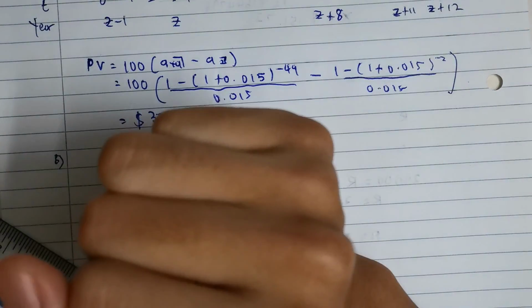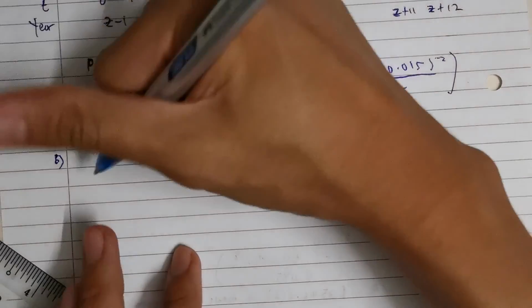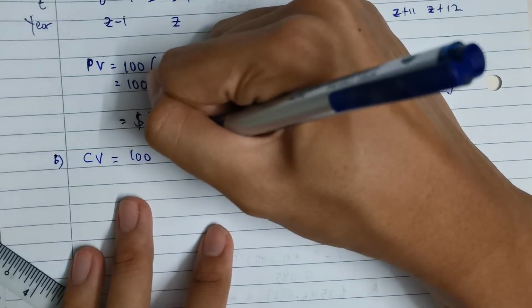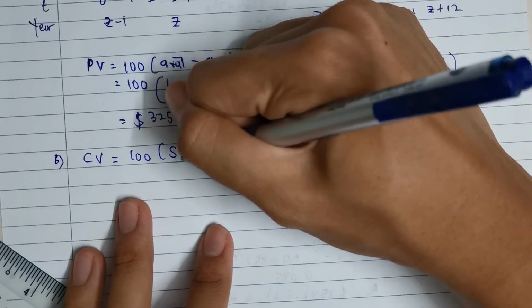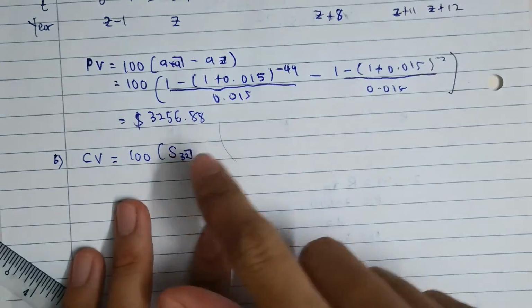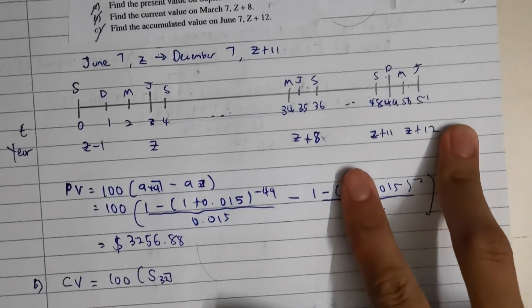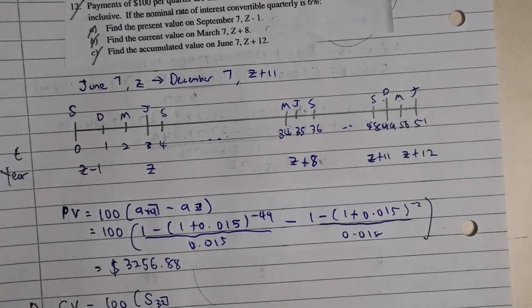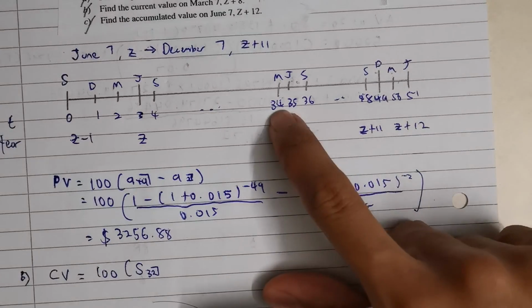So moving on to B. B asks for the current value on March 7, year Z plus 8. So the current value will be calculated as usual with 100 times (sum of 32), where we get 32 from the current value. So 32 comes from here. This is 34, right?